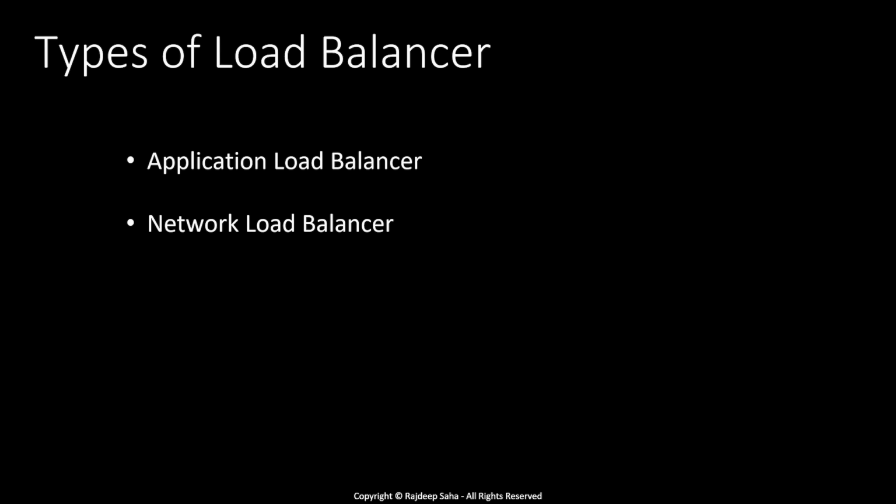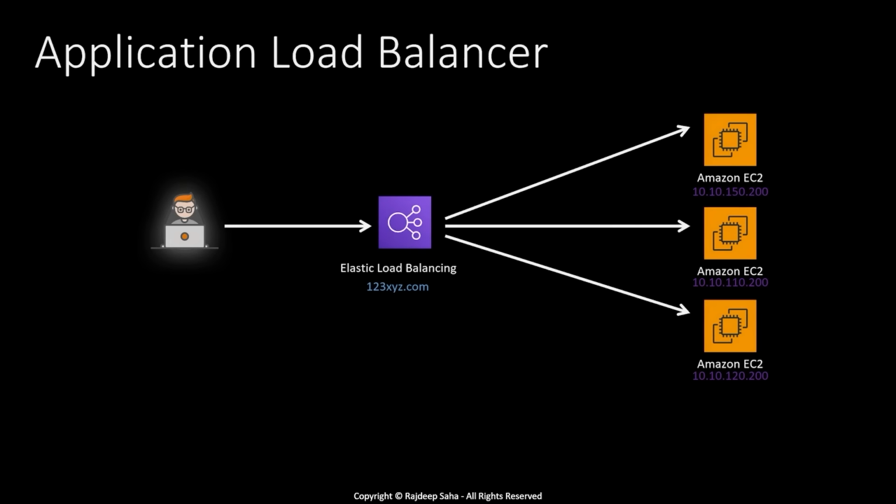So moving on to types of load balancer, there are two different types of load balancer: application load balancer and network load balancer. So what is application load balancer? Let's say your website is www.store.com and you want to invoke different backend for different URL.